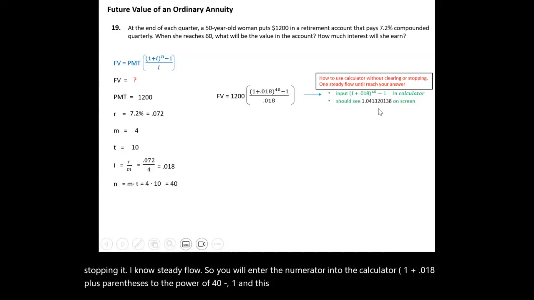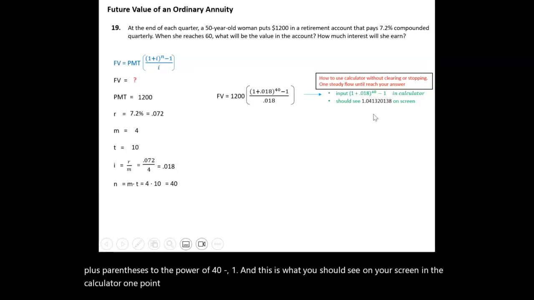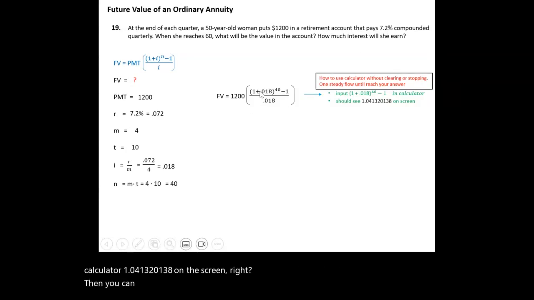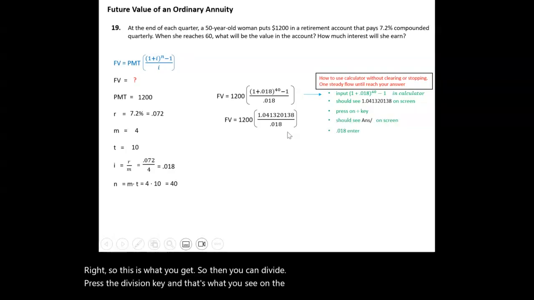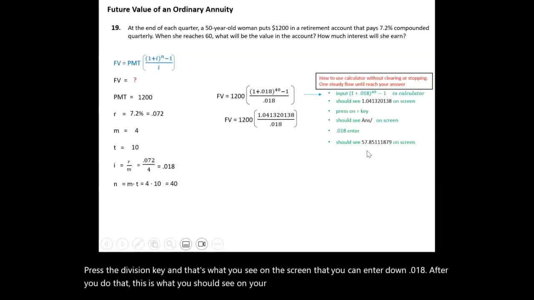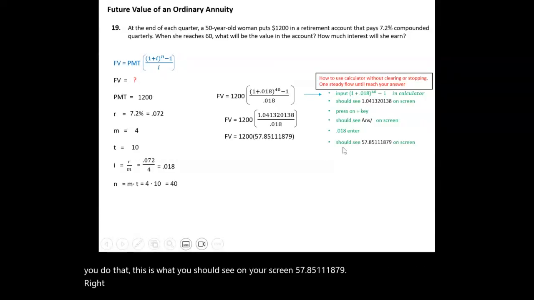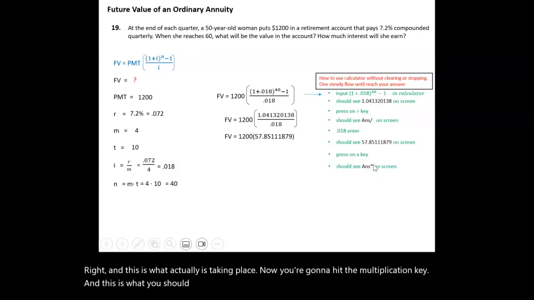And this is what you should see on the screen, 1.04132... Then you hit the division key because you're dividing what you just got by 0.018. Then you enter the 0.018. After you do that, this is what you should see on your screen, 57.85... And this is what is actually taking place. Now you hit the multiplication key, and you see the answer times, and then you enter the 1,200.